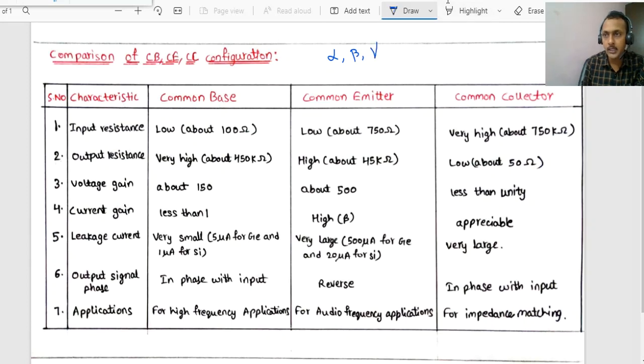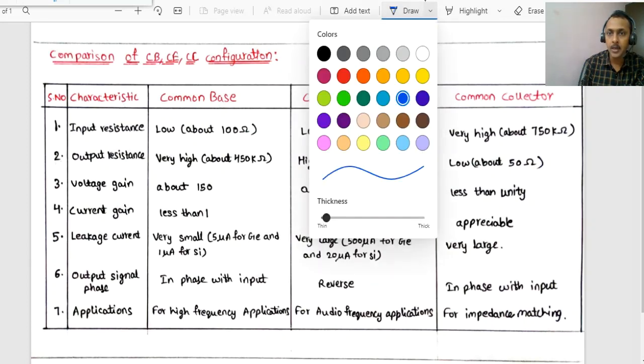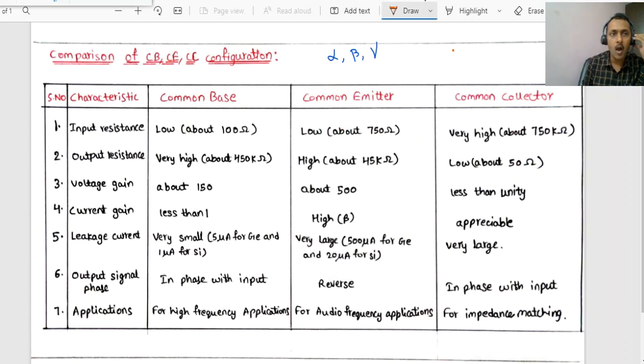And also we have seen the relationship between alpha and beta and alpha and gamma, right? And we have seen their input and output characteristics. In this video, a final summary with respect to the comparison of common base, common emitter and common collector configurations will be handled. Clear? This is simply the summary, right?